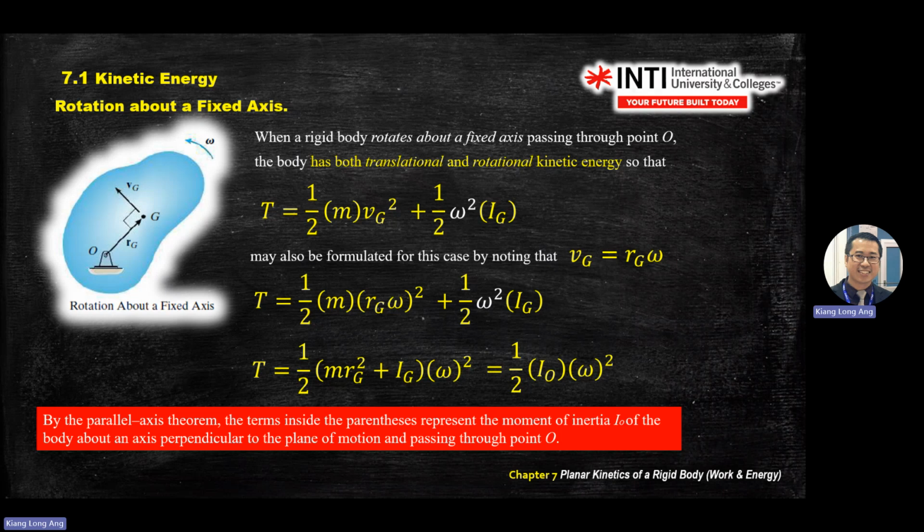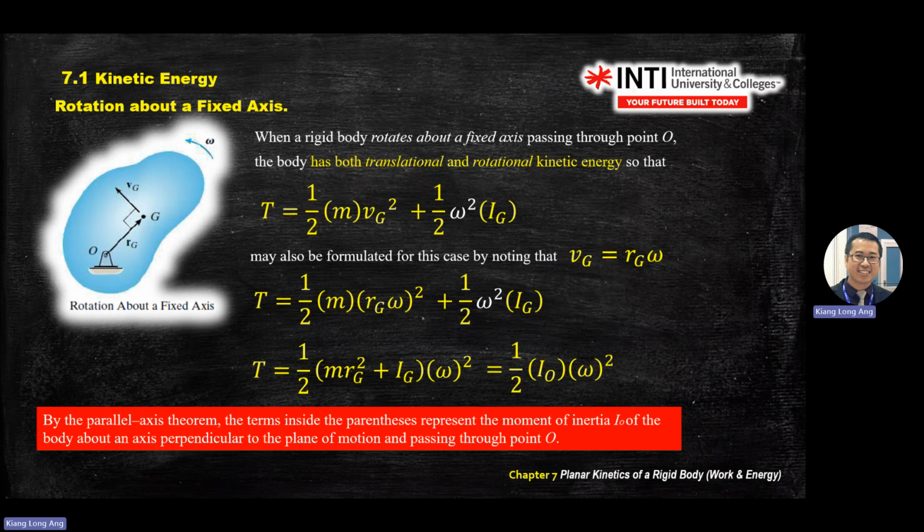This one is only when the object is rotating with the omega. If it's translation, then it's this one. If the object only moves in translation, then only this one.